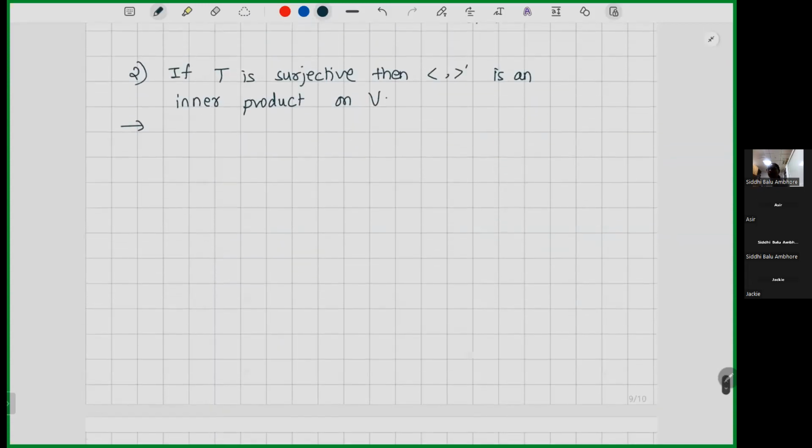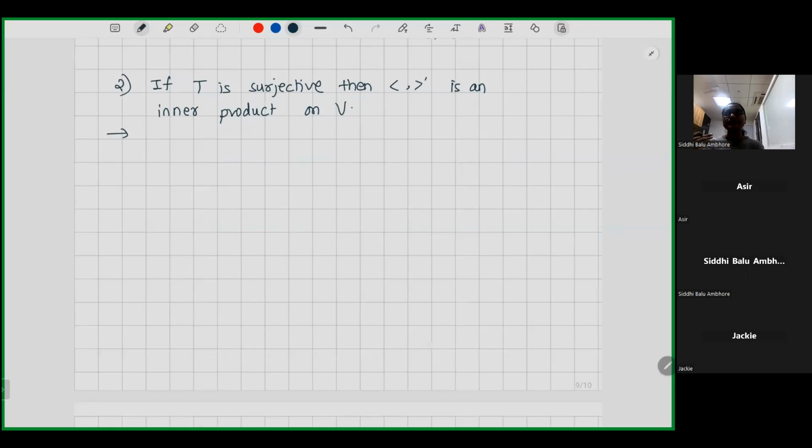And what is the guess? If T is surjective, can we always say that this forms an inner product?